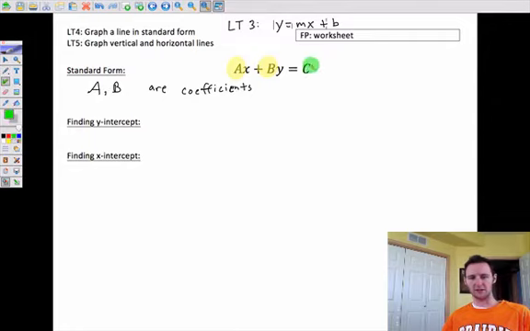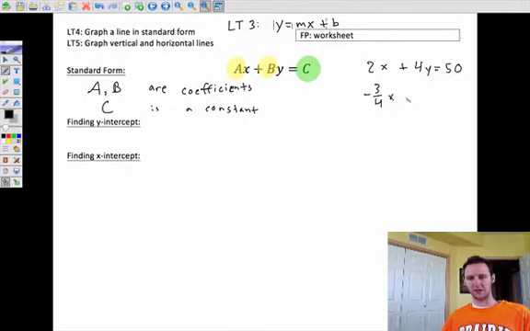This C over here is called the constant. It's just some number. So we might have 2x plus 4y equals 50, or negative 3/4 x plus 17y equals 10. Those are just a couple examples.